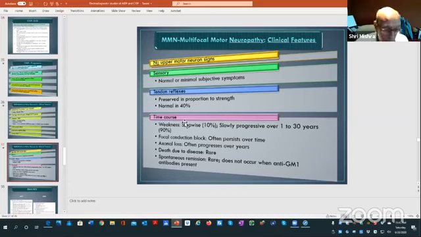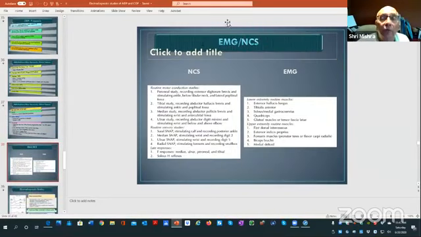And then you have a progressive form: you have one side with muscle weakness, and a couple of months later the other side becomes weak. So here are the nerve conduction studies for this. You do the EMG on the muscles we use: extensor hallucis longus, tibialis anterior, and gluteal muscle if needed, but not all the time.